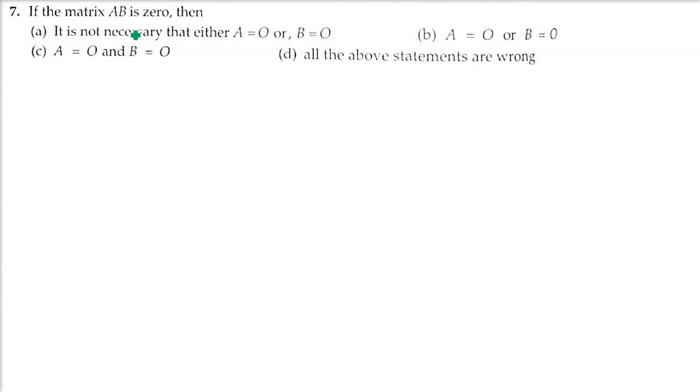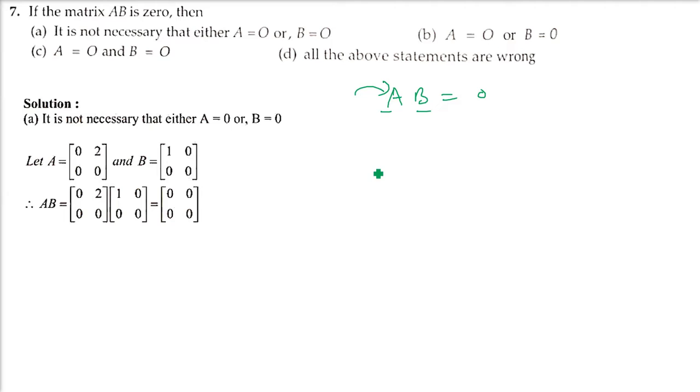If the matrix AB is 0, then you just see that when we are multiplying two numbers, what can happen? Either one of them is 0 or both of them are 0 in normal terms. But when we are dealing with matrices, the two matrices need not be 0. They have some value, but still the matrix multiplication can give you the result of 0.